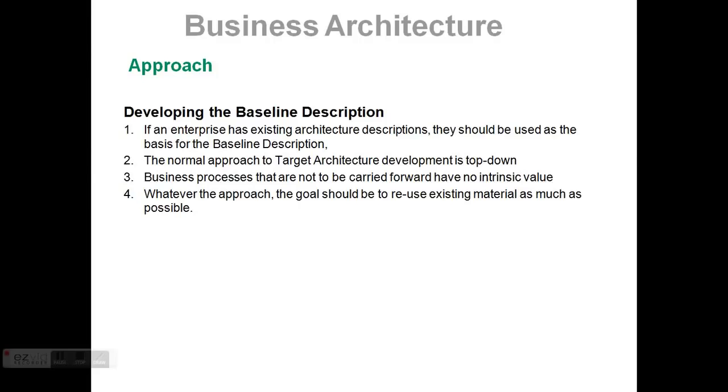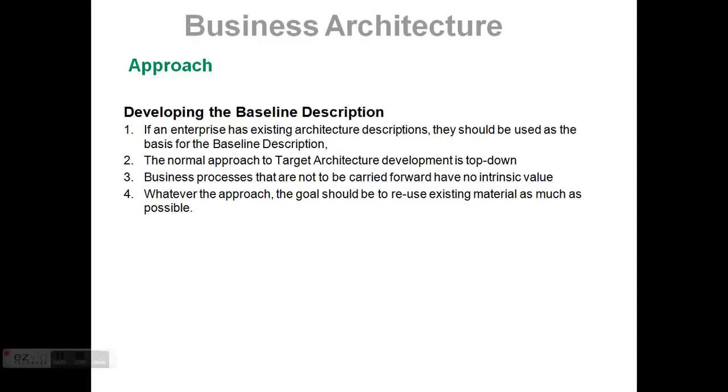One of the important aspects of our approach is to develop a baseline description. If an enterprise has existing architecture descriptions, they should be used as the baseline description.